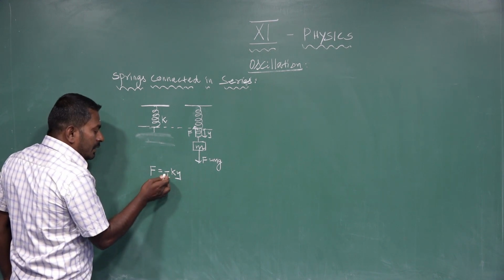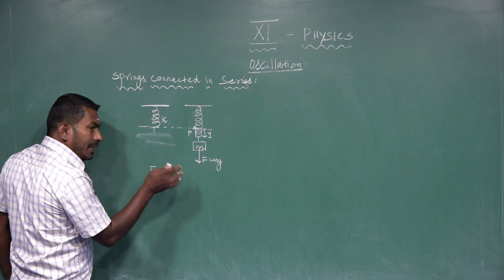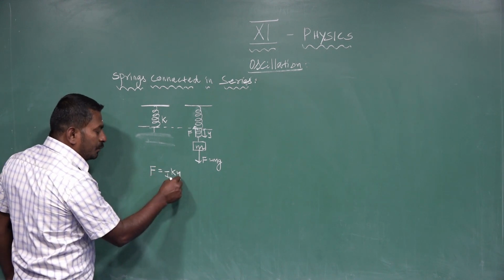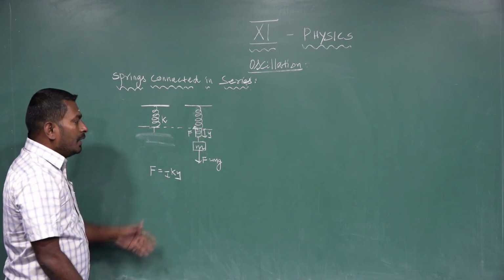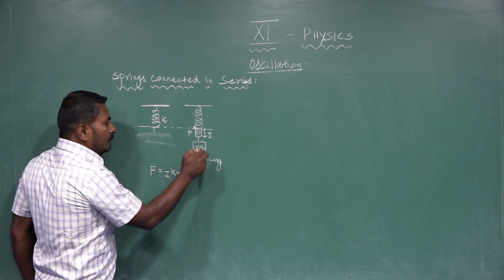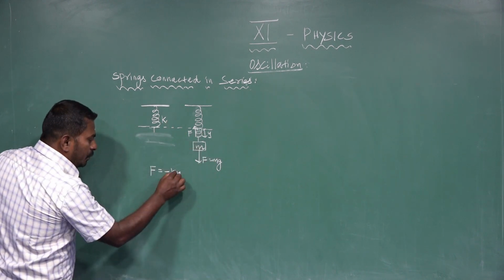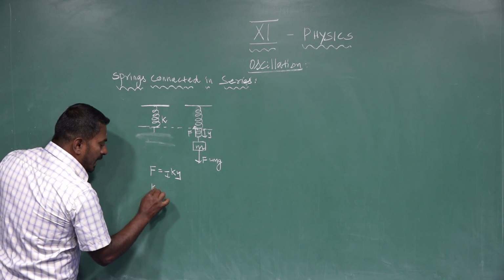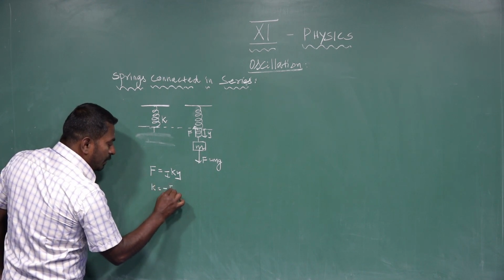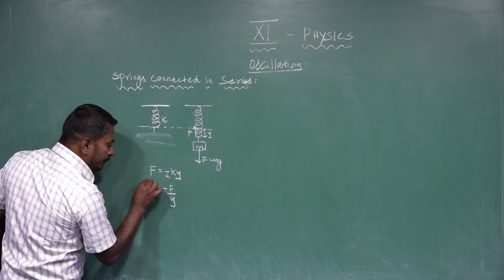So the restoring force and the displacement are in opposite directions. Therefore the force constant K is equal to minus F divided by y.